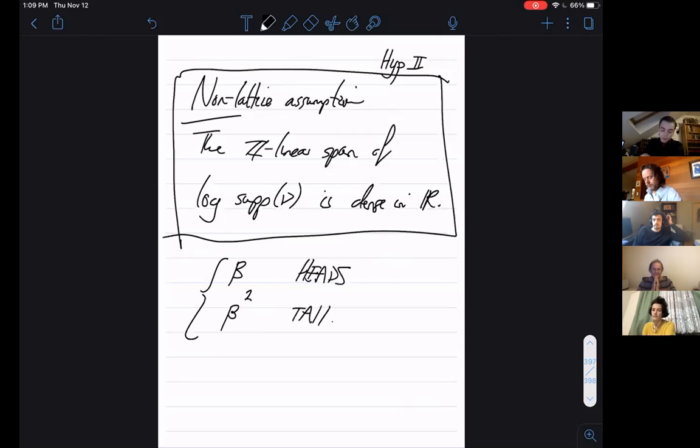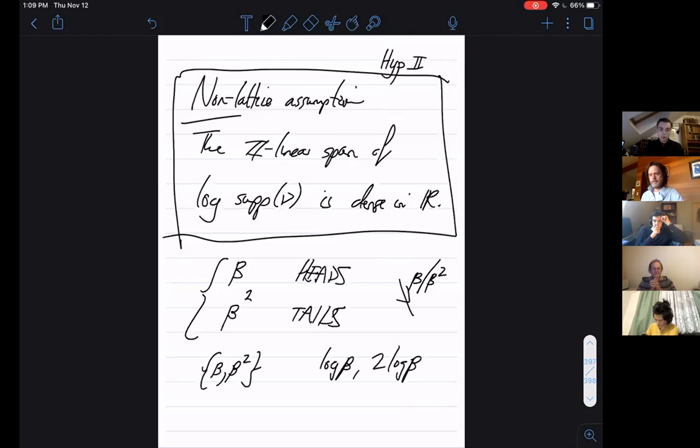If that's the rule for determining for a particular edge what the bias will be, that's the kind of thing that we are not allowing, because at the level of the support of the measure nu are these two points, and so the logarithm of the support are the values log beta and 2 log beta. So the Z-linear span of the logarithm of the support is Z log beta, and that's a lattice. It's not a dense structure.